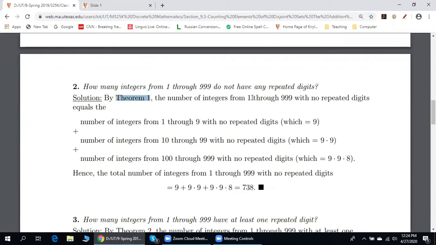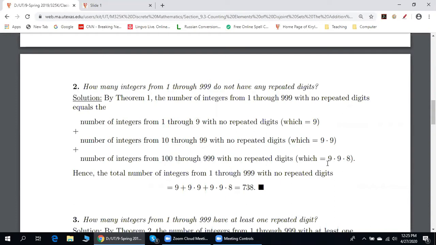The number of integers from 1 to 999 with no repeated digits equals the number of integers from 1 through 9 with no repeated digits, plus the number of integers from 10 through 99 with no repeated digits, plus the number of integers from 100 through 999 with no repeated digits. Now let us count the number of elements here, here, and here.